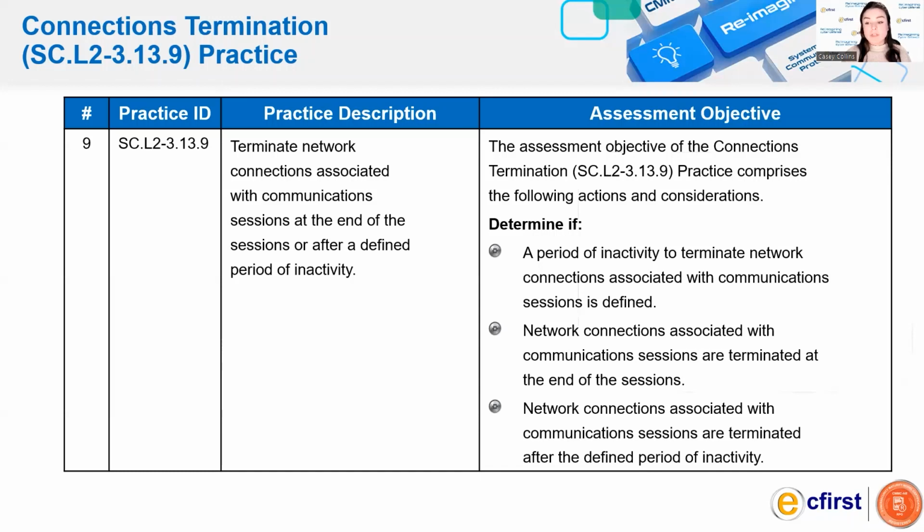Network connections associated with communication sessions are terminated at the end of the sessions. And network connections associated with communication sessions are terminated after the defined period of inactivity. So either they're being manually terminated, or like we said, after a period of inactivity, they're automatically terminated.